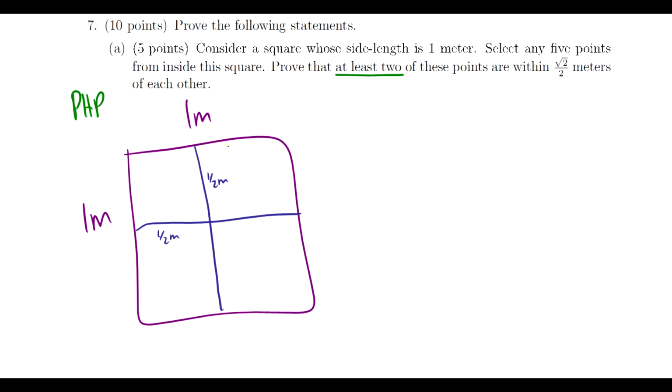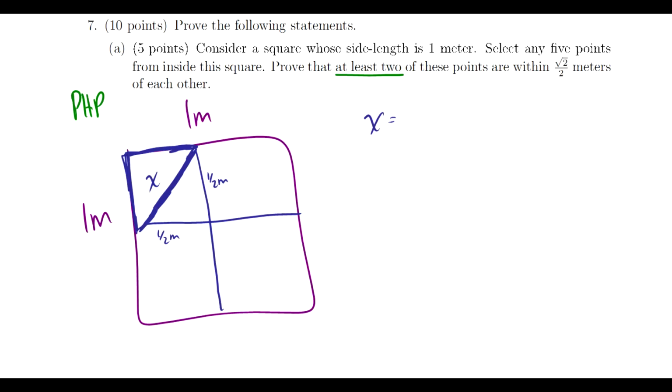So if we select 5 points, then at least 2 points are going to have to be in the same quadrant. So we just have to prove that these quadrants are at most as big as root 2 over 2 meters. The longest distance in each quadrant is the hypotenuse. What is the distance of this hypotenuse x?